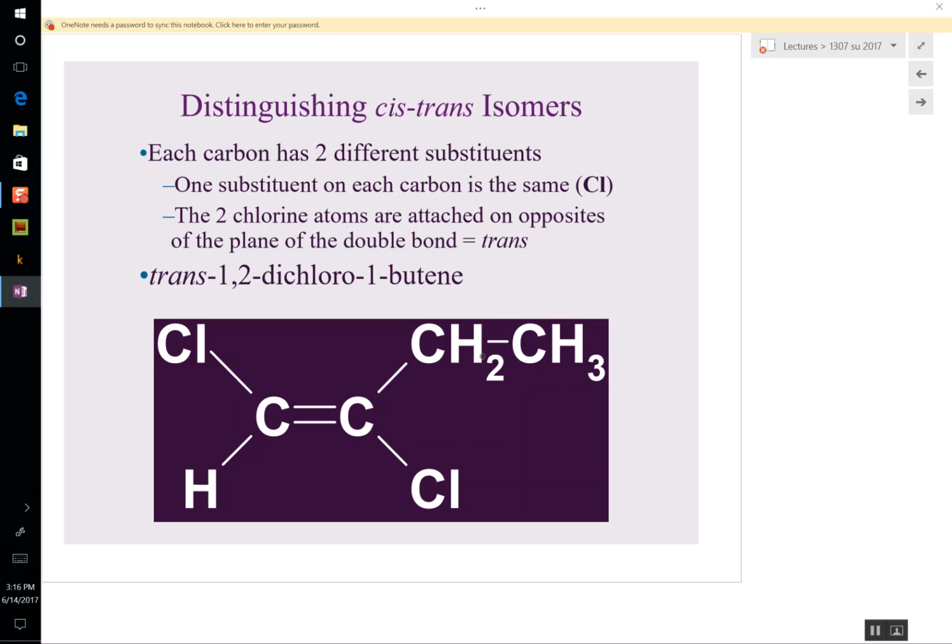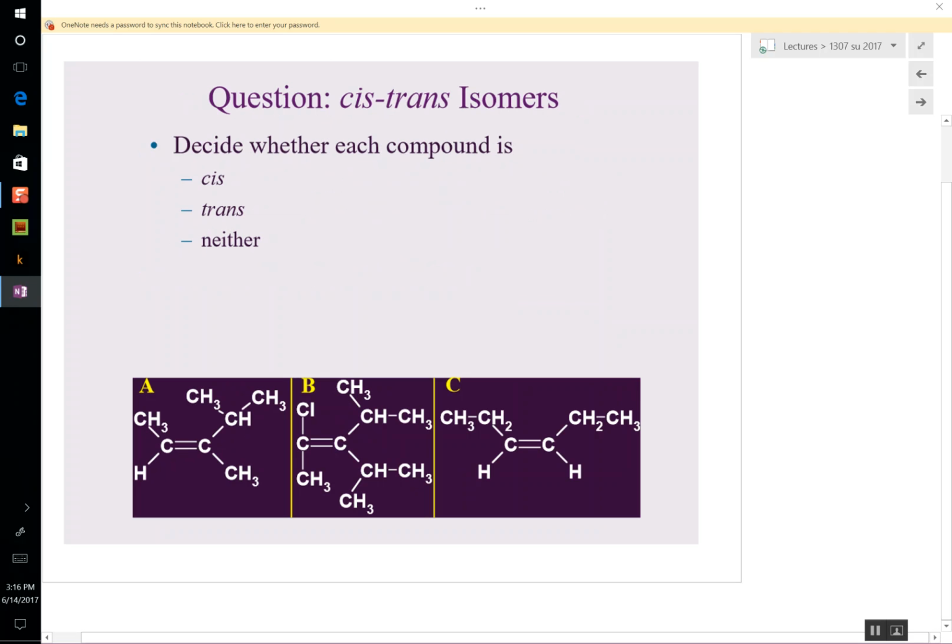These 2 carbons have something that's the same, the chloro groups. And where are they? They're across from each other. Trans. So there is a molecule that has another isomer. It would be the one where the chlorine is in here. That chloro is here, that would be cis. All right.